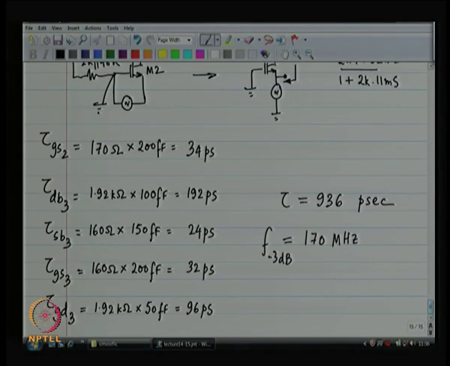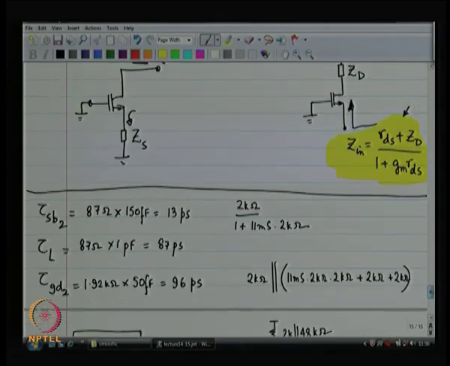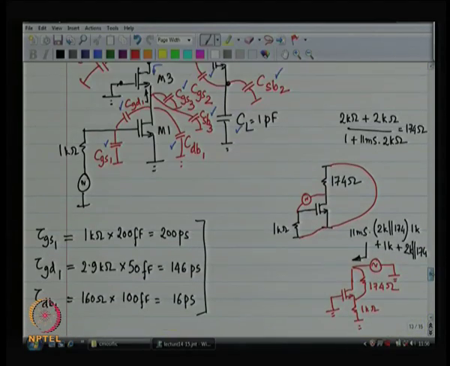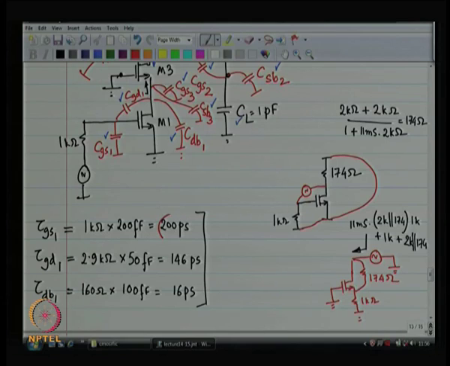Now, which of these components do you identify as problems? So, 192 is a problem, looks big. Tau GS1 is really the largest over here, 200 picoseconds. Everything else is a small quantity.